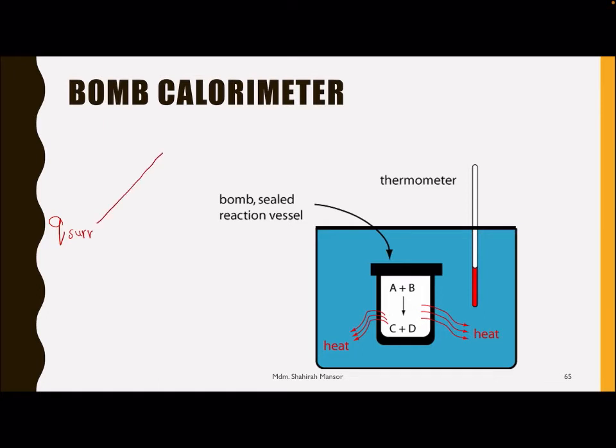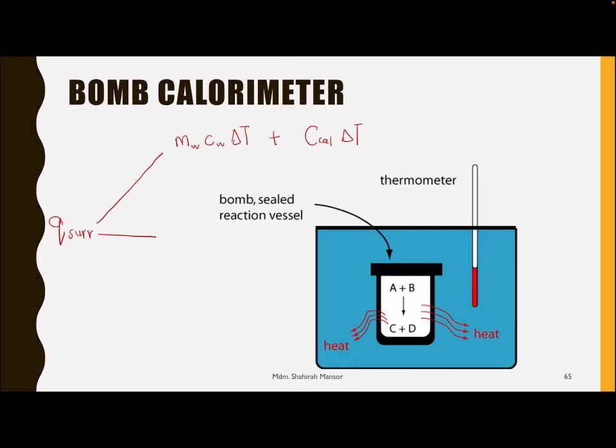That is, if we have both water and calorimeter as the surrounding, the formula will be Q surrounding equals to M water, small c for water, delta T, plus capital C for calorimeter and delta T.